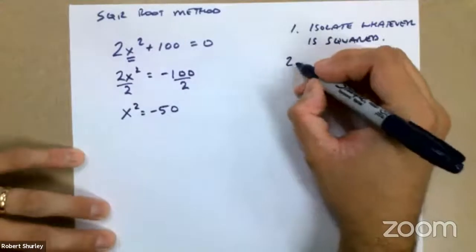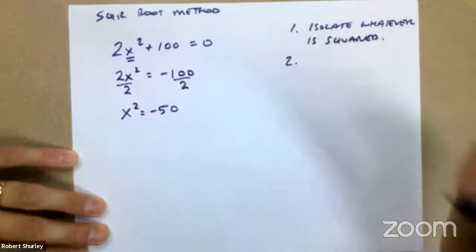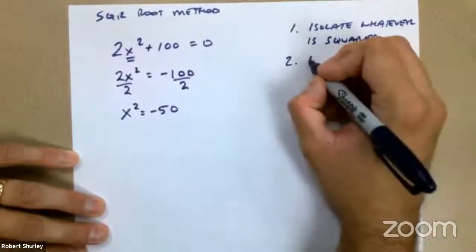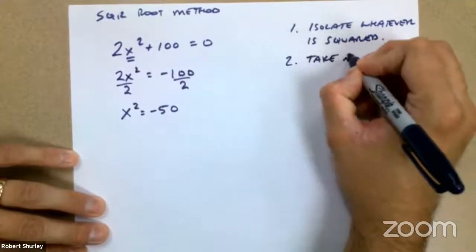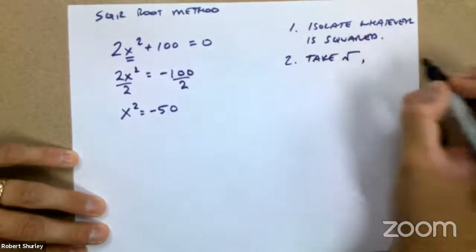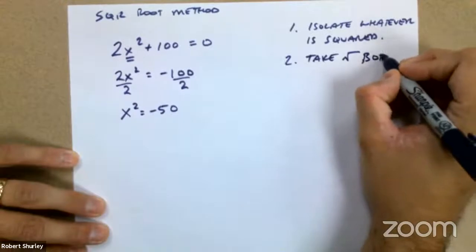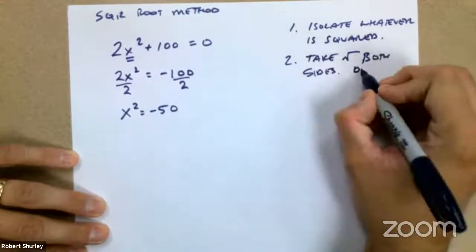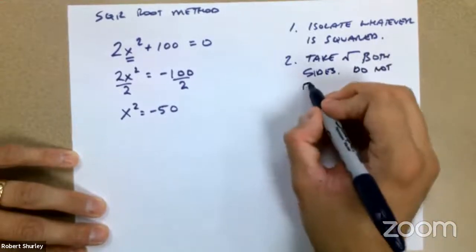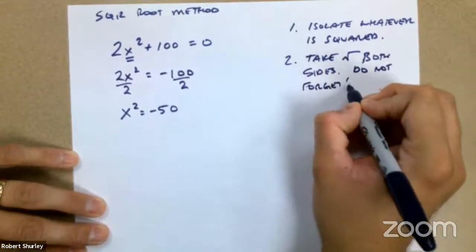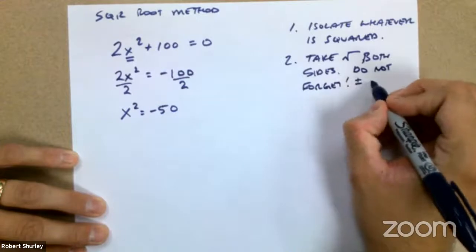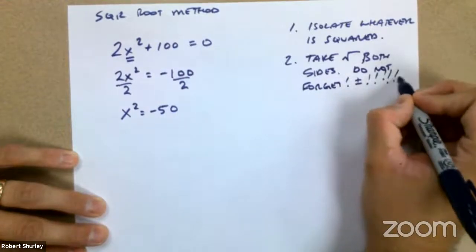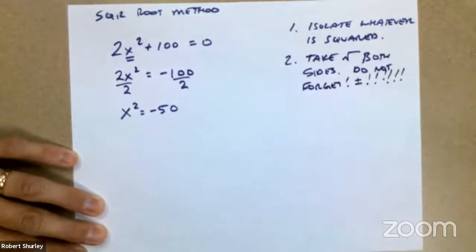And then next, you've got to take the square root of both sides, but when you do that, you have to attach a plus or minus. Do not forget the plus or minus.